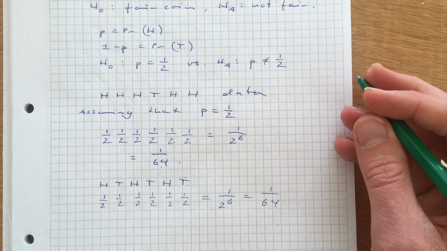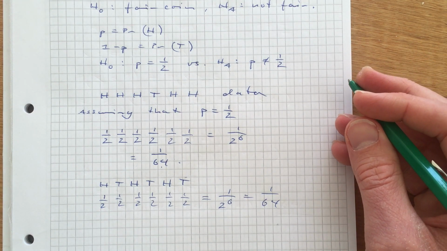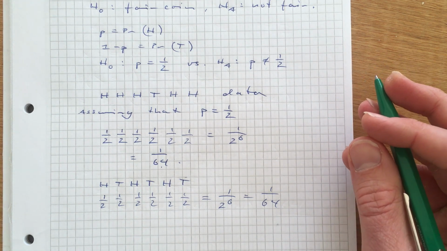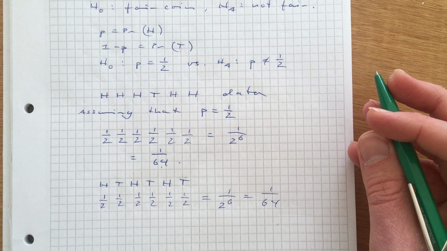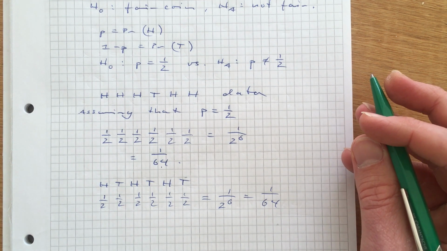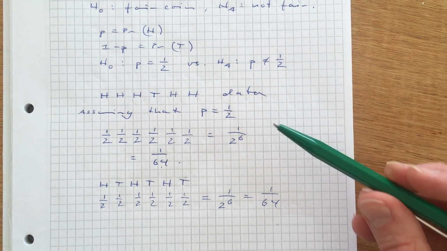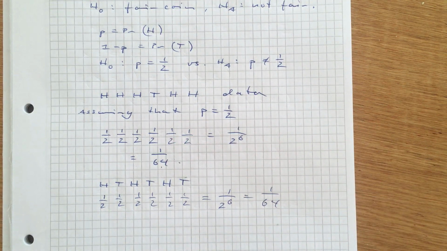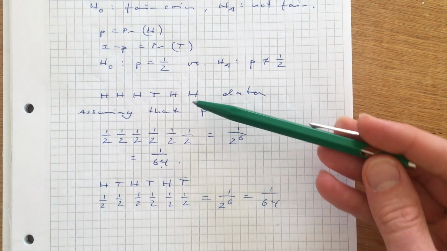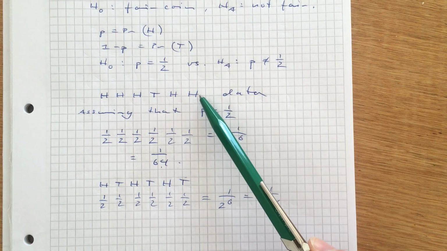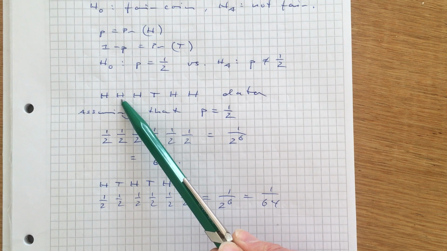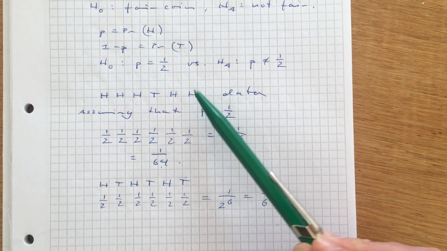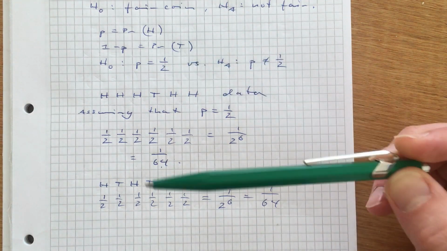So we need to ask a different question. The question we will ask is a bit more complicated: what is the probability of getting a sequence that is just as surprising as this one, or even more surprising, under the assumption that the null hypothesis is true?